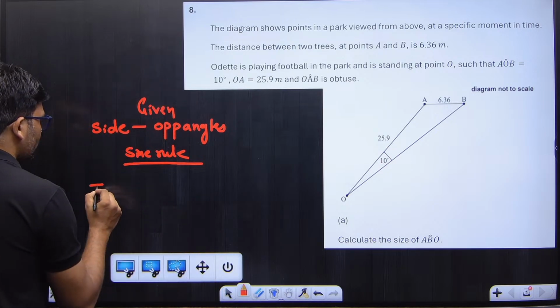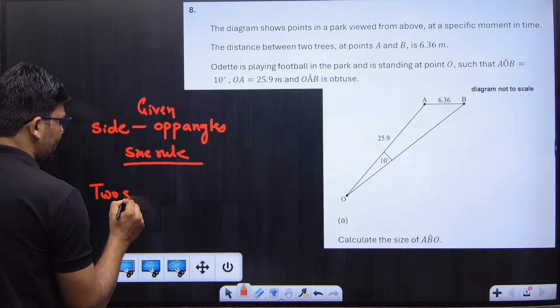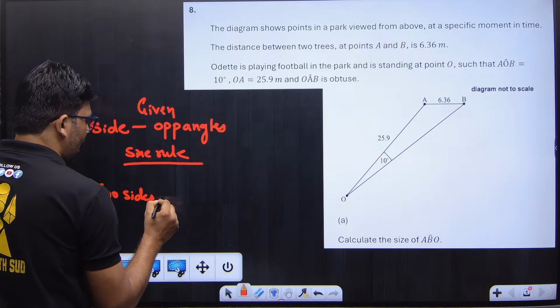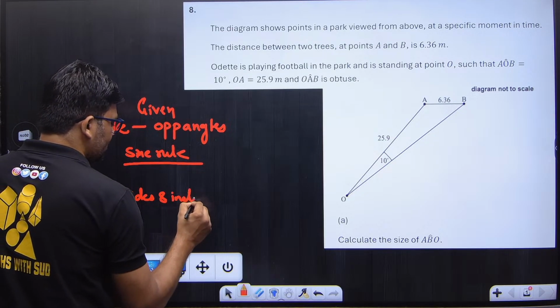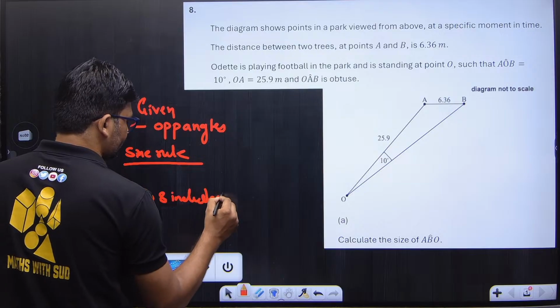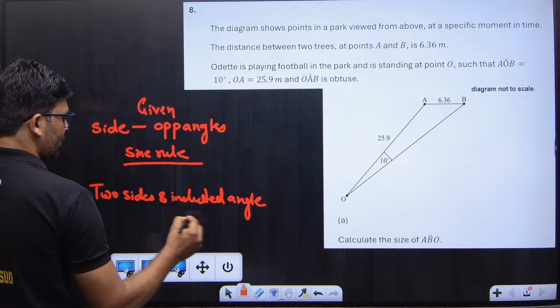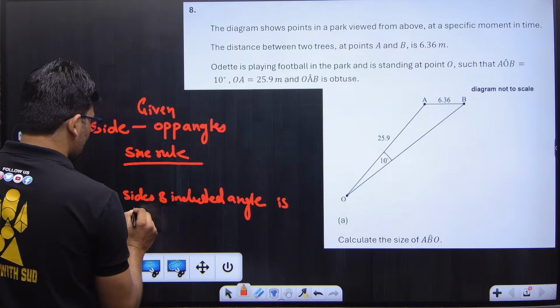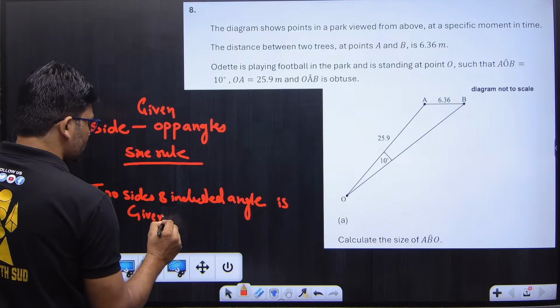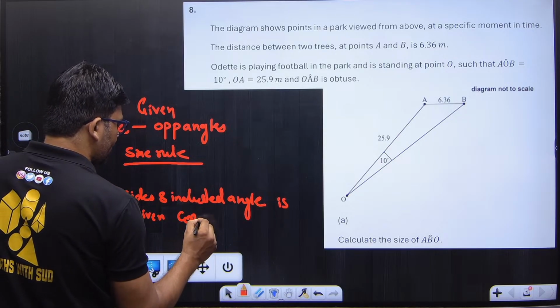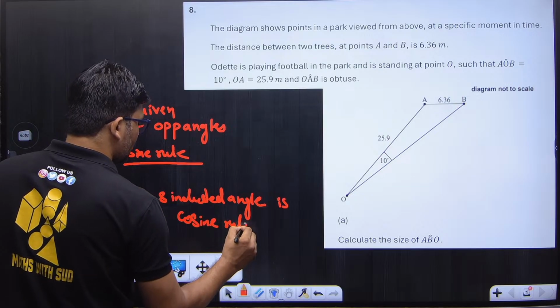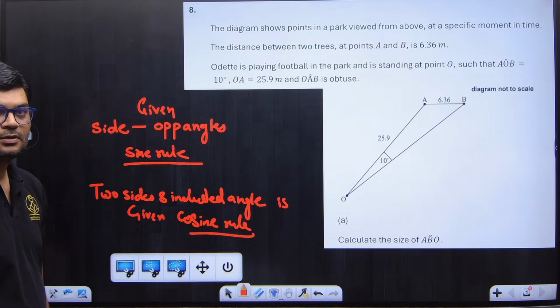And if two sides and the included angle are given, we have to use the cosine rule to find the rest of the things.